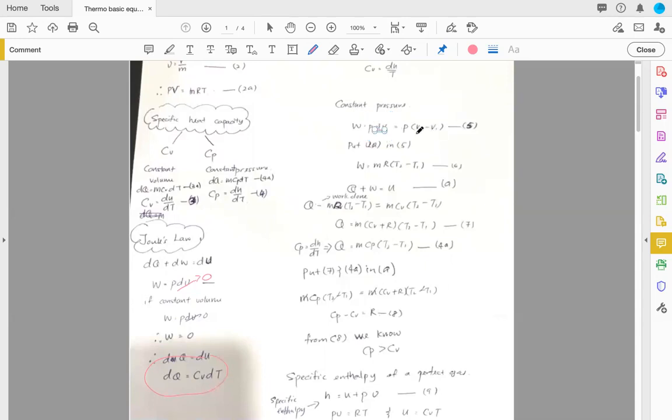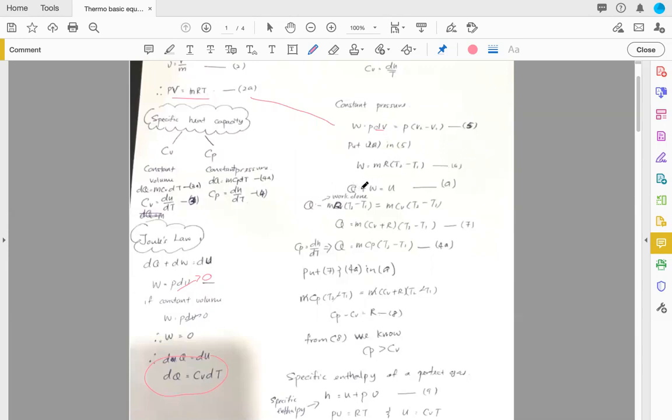So we have V2 minus V1. Now we put equation 2a, PV equals MRT, into this equation, so we can have W equals M, replacing P with MRT, and the T is changing, right? So we have equation 6 here.